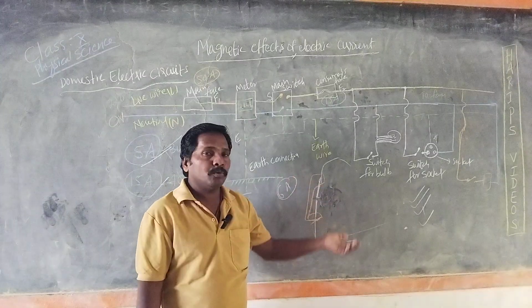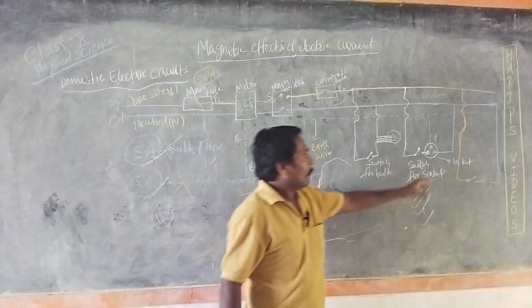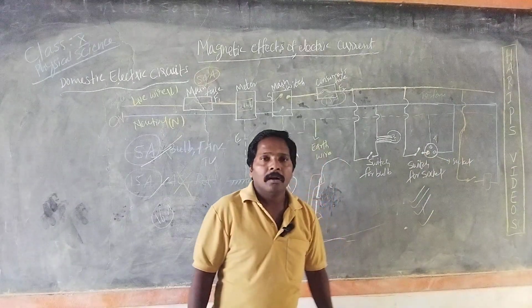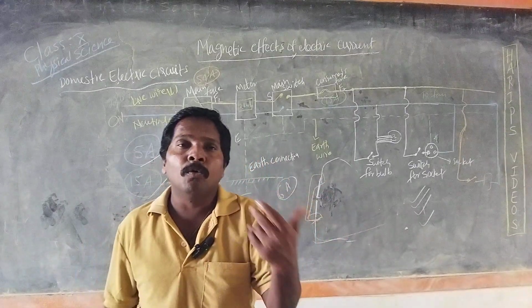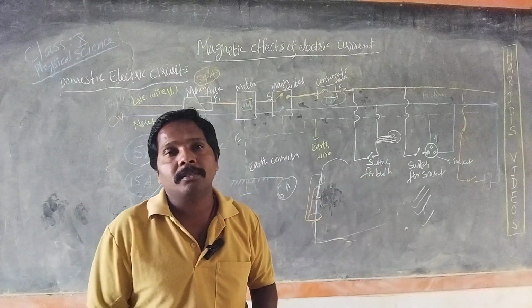In case you use high power rating electrical appliances at the same time, or connect many electrical appliances in a single socket, it causes overloading. Due to the overloading, more electric current passes in the wiring.